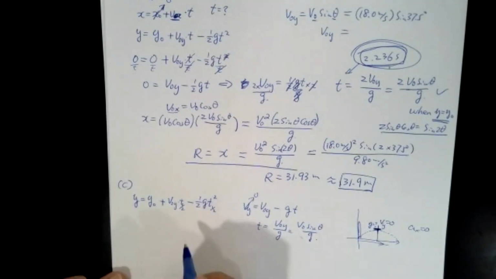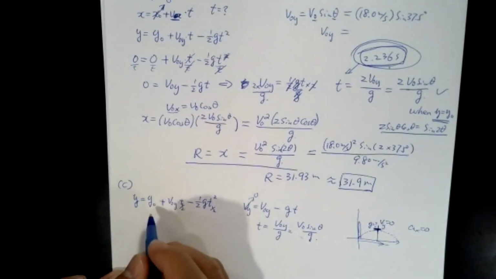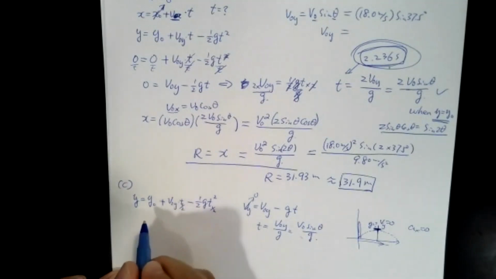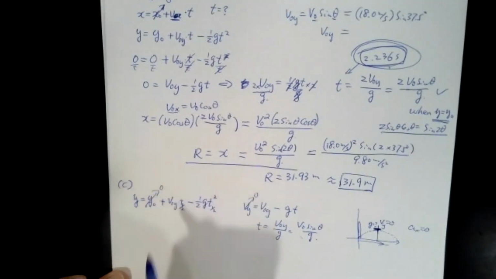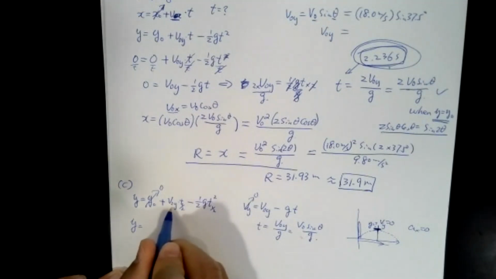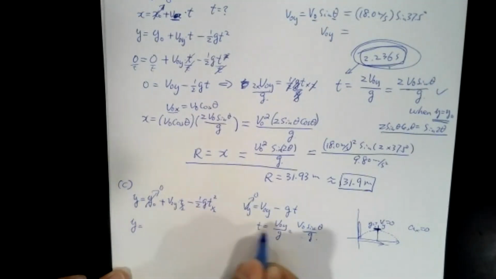Then you can put t into this equation. Your y_0 is 0, so that one goes away. You're looking for y here now. It's the v_0y times t, this t here, which is 1/2 again, okay?